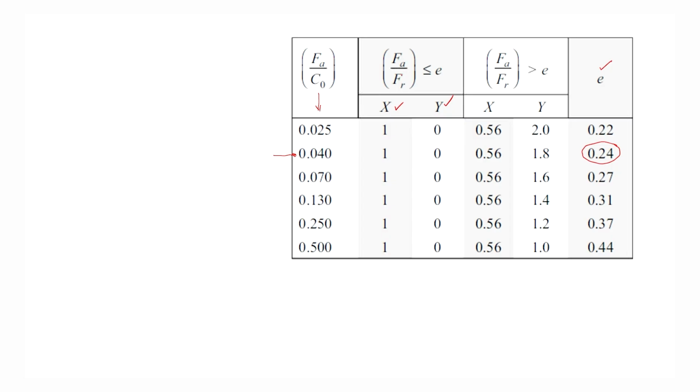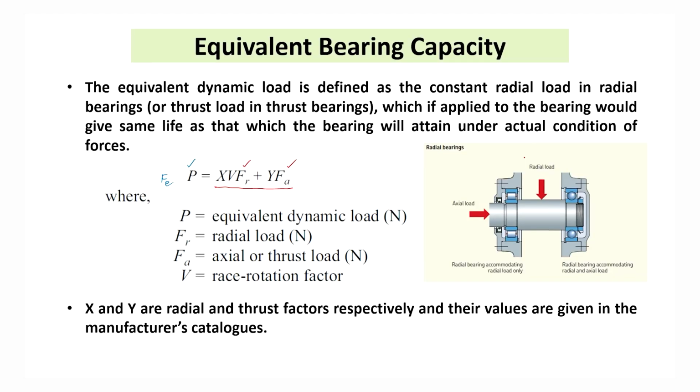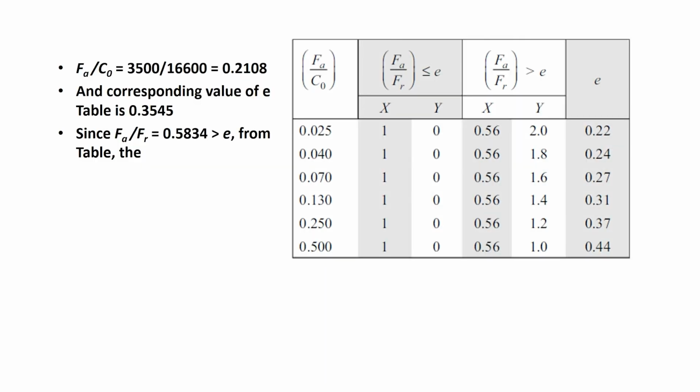Now, Fa upon Fr is calculated and it is compared with this e. Now, if your Fa upon Fr is less than or equal to e, then X will be 1 and Y will be 0. Now, if Fa upon Fr is greater than e, then X will be this one and Y will be this one. This will be substituted in this equation to get the value of P. In our problem, the value of axial force which is acting on the bearing is 3500 Newton.